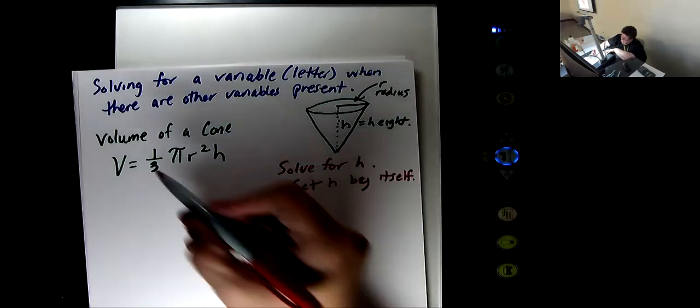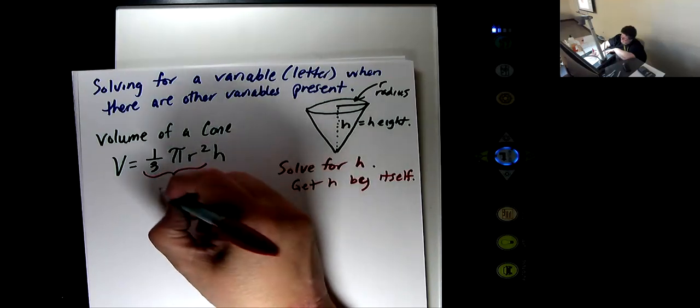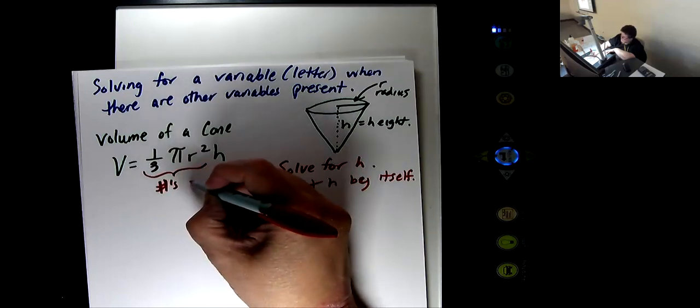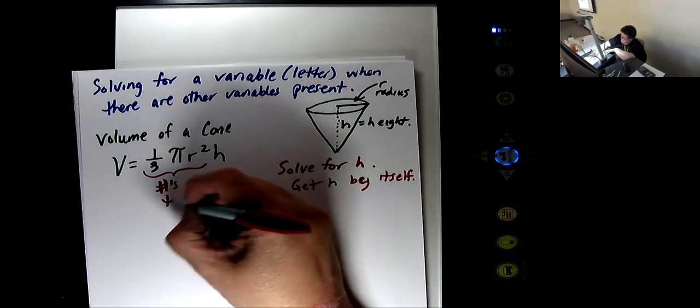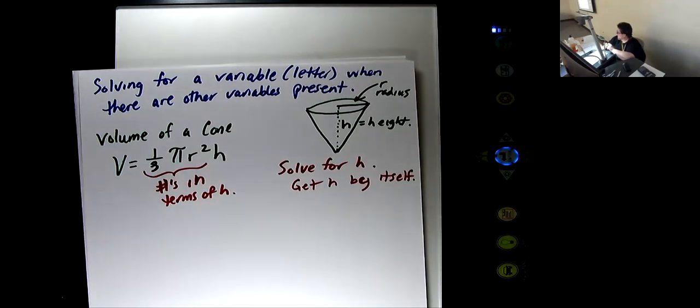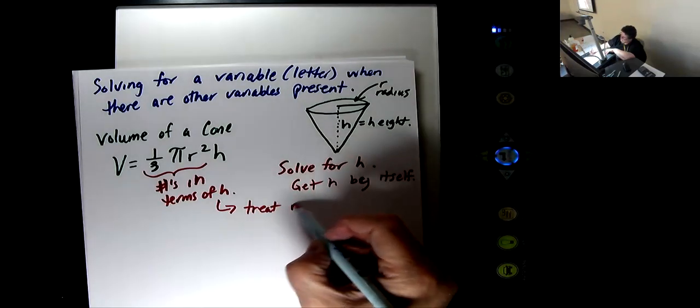So all of these are numbers in terms of h. The 1/3 is definitely a number, pi is definitely a number, it's 3.14. The r squared we're going to treat as a number.